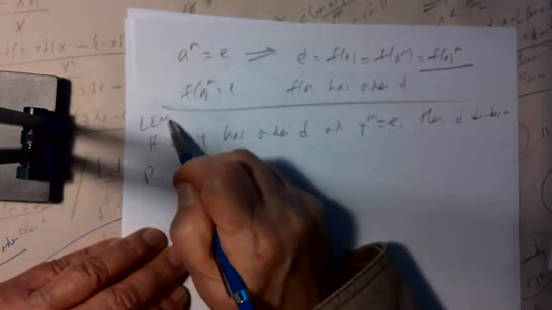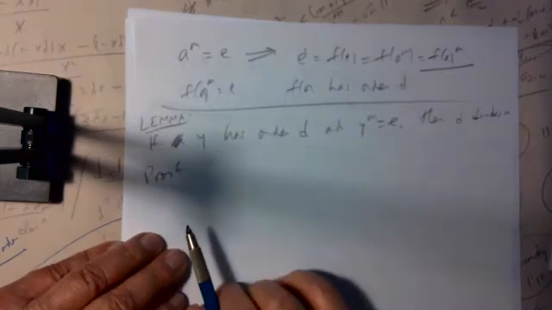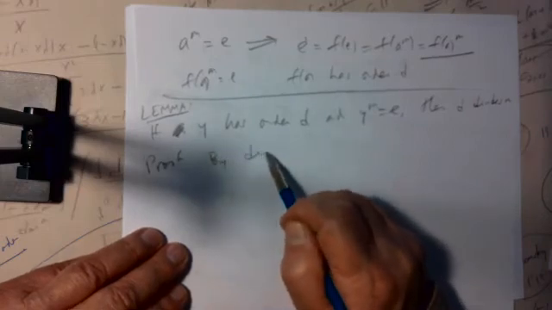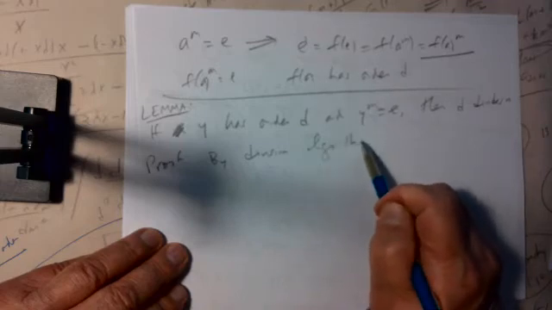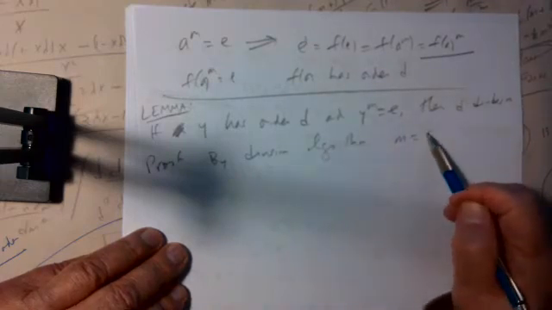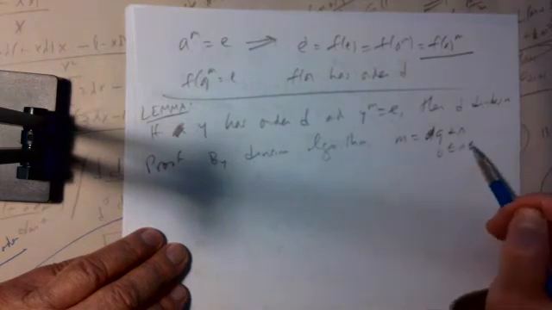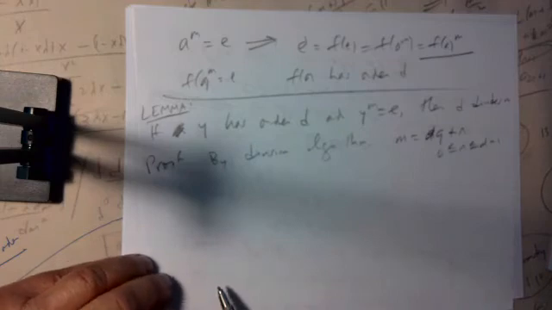Call this a little lemma if you like. What is the proof? Well, by the division algorithm, you can write m as dq plus r, where the remainder r is between 0 and d minus 1.